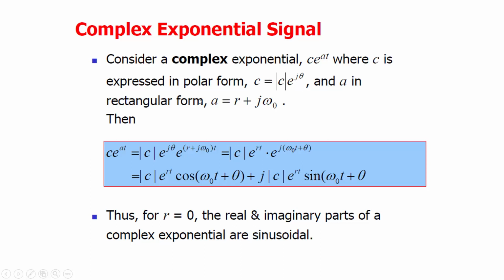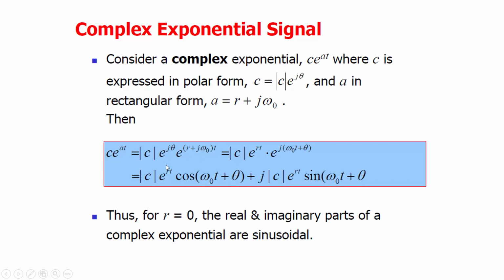And a, expressed in rectangular form, gives c e to the power at equals mod c e to the power j theta times e to the power r plus j omega 0 t. We can further solve this and we will reach this equation.